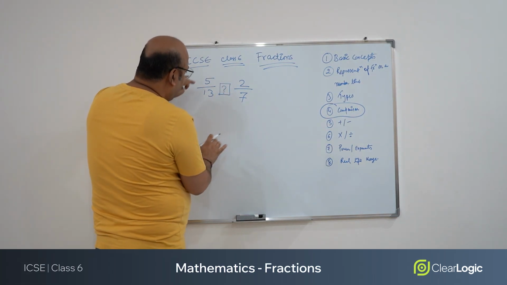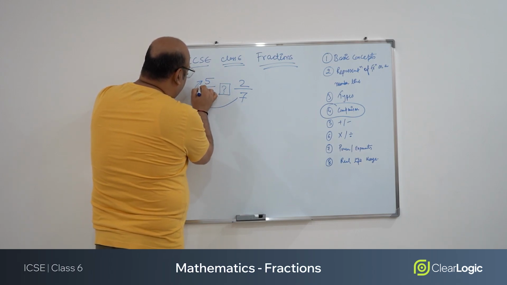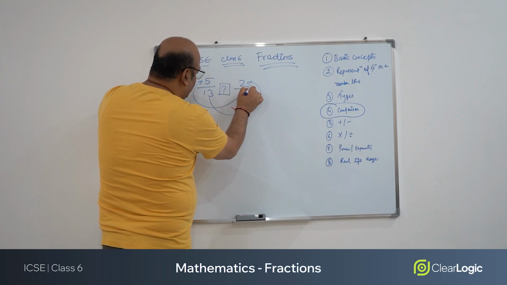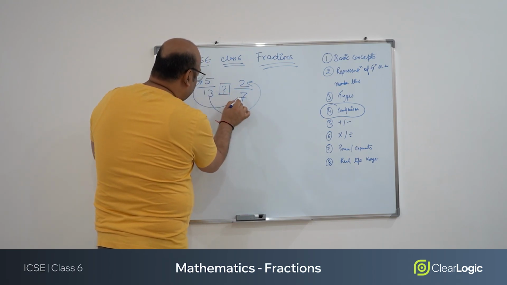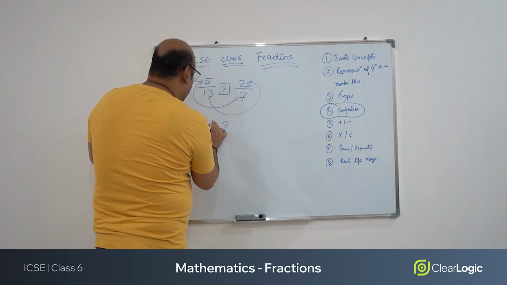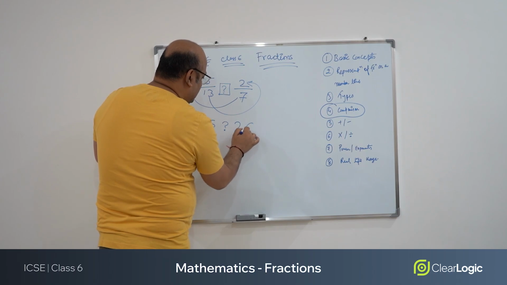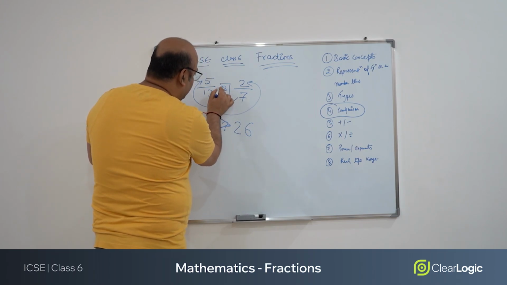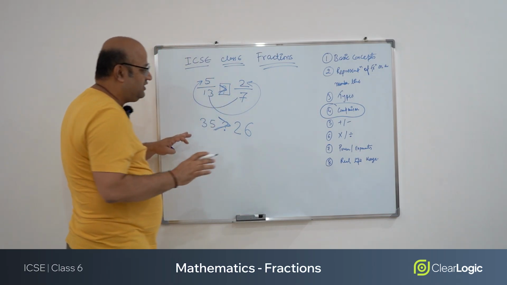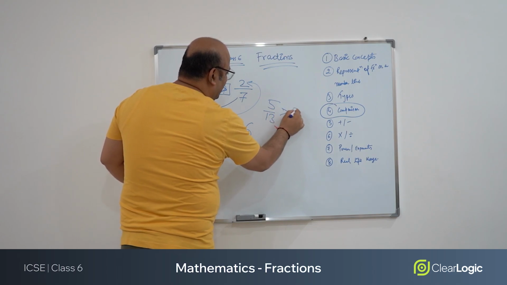And start multiplying. 7 is going here, 13 is going there, keeping the sign the same. 7 5s are 35, right? 13 2s are 26. Now, which one is greater? 35 is greater, so you just put the greater sign here. So this is how it works. So 5 by 13 is greater than 2 by 7.